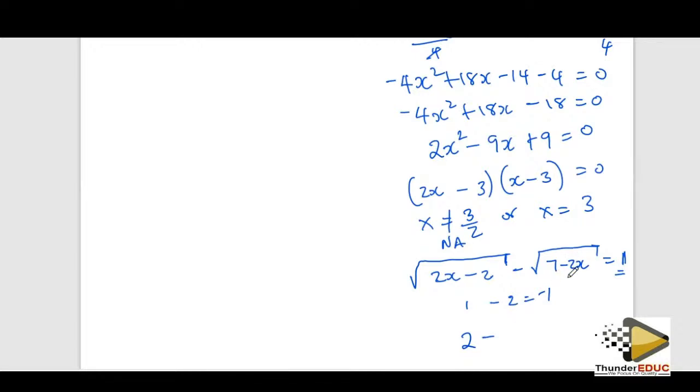Let's see. We know that 7 minus something is not right. It's 7 minus 2x. So if this is a 3, it's saying 2 times 3/2. That's a -3, which is a +4. And then square root of 4 is going to be a 2.